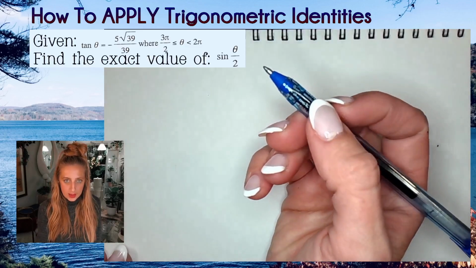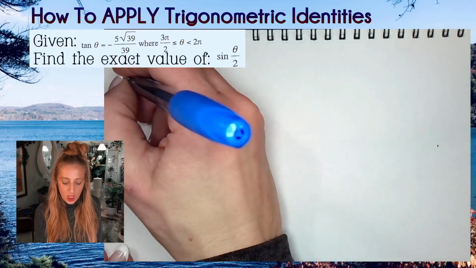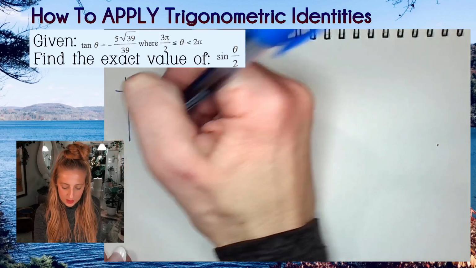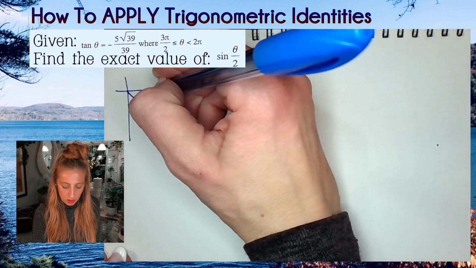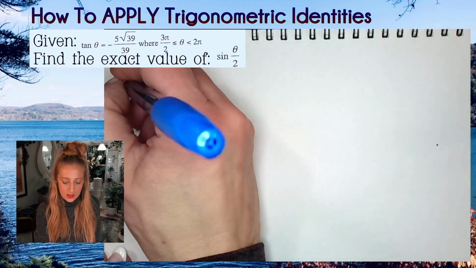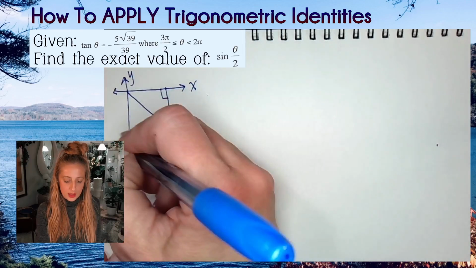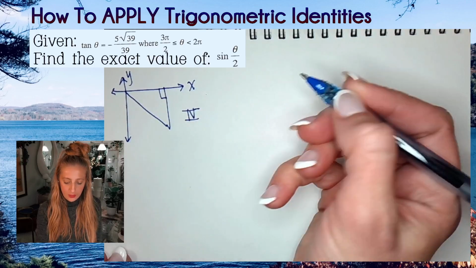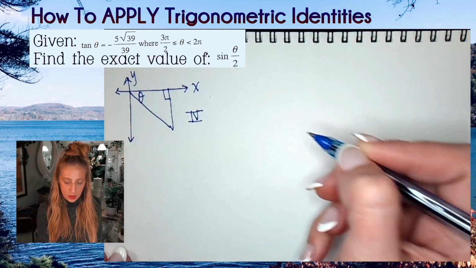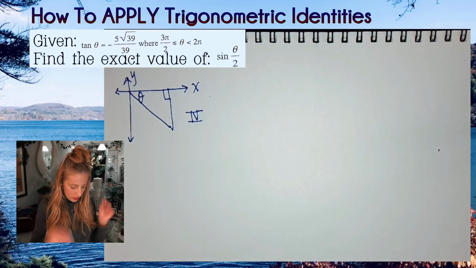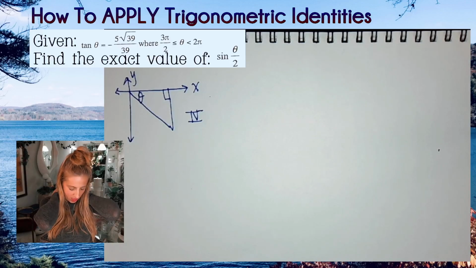So let's get started. If I draw my reference triangle, that is something that we learned to do a while ago. I'm in quadrant 4. So here I have an x-axis. This right here is the y-axis, quadrant 4, right? And my reference angle would be located right there. Now, I'm just going to switch pen color so I can write over this in a minute.